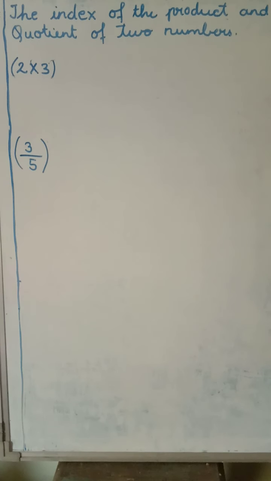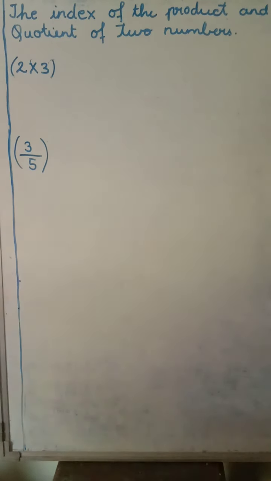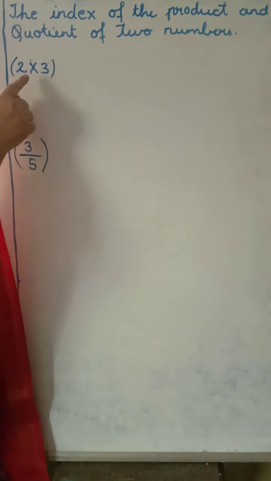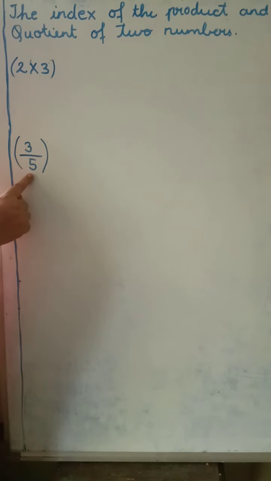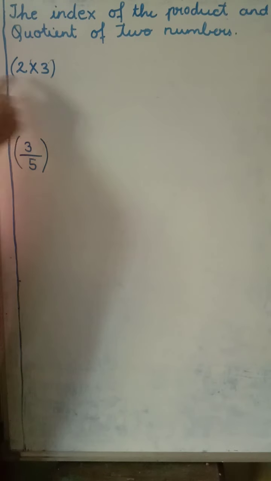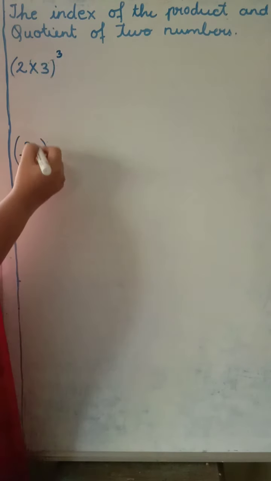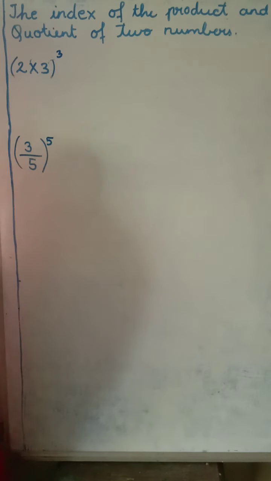So here we'll begin with the next point, that is the index of the product and quotient of two numbers. Here I have taken the product of two numbers, and here we have the quotient of two numbers. Suppose for this product I give index 3, and for this I give index 5. Then how to solve it?